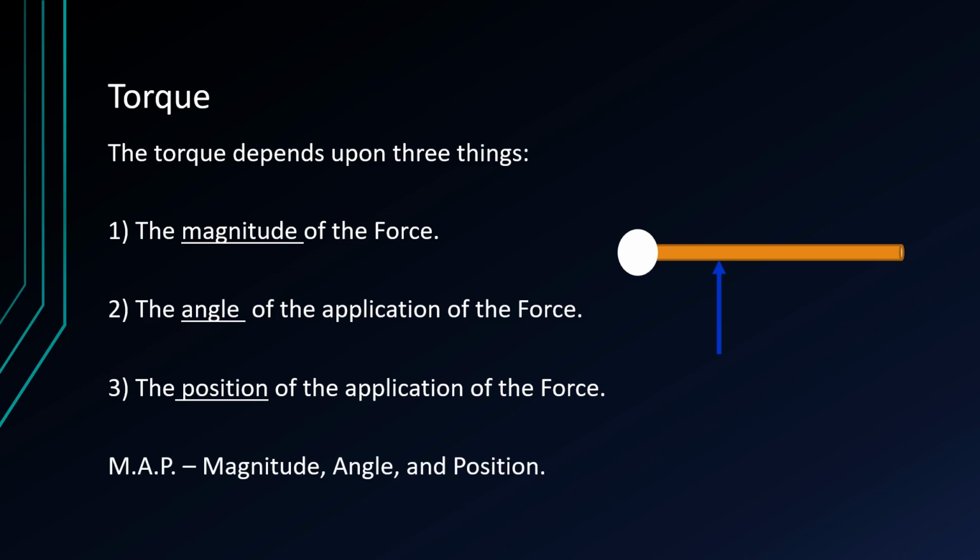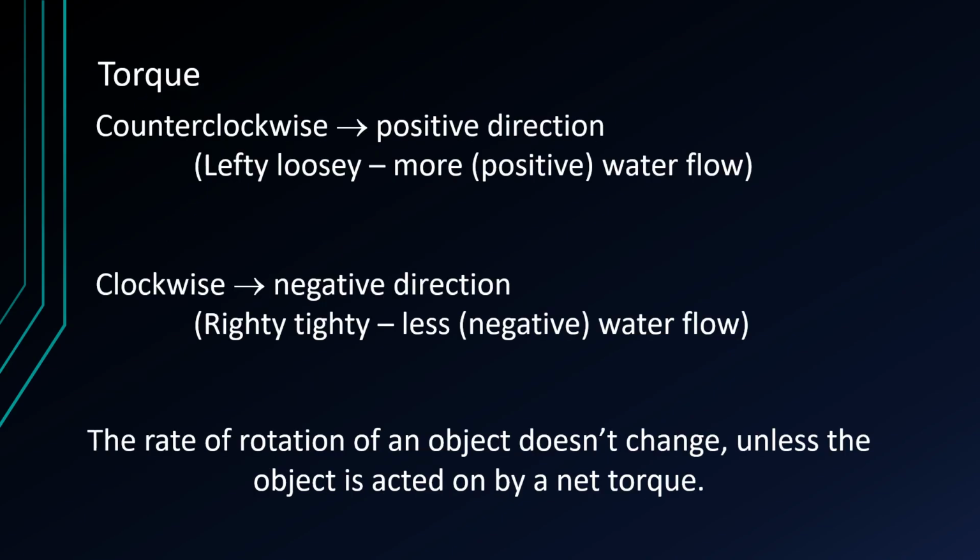So I like to remember these as MAP: magnitude, angle, and position. All three of these things dictate how large of a torque and also what direction of torque. So torque also has directionality to it. So counterclockwise is going to be the positive direction of torque, and clockwise is going to be the negative direction.